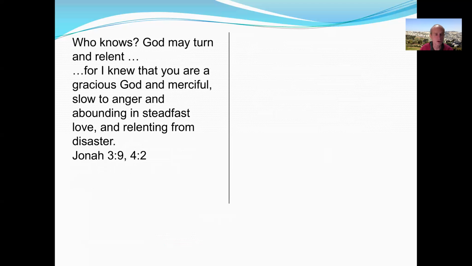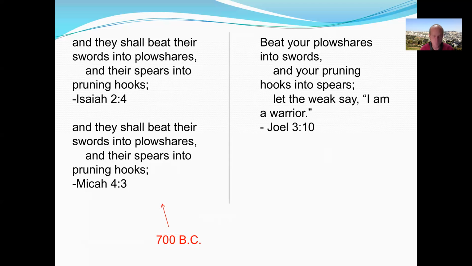And here's one more. In Jonah 3:9, the king of Nineveh says, "Who knows, God may turn and relent." And then a few verses later, Jonah says, "For I knew that you were a gracious God and merciful, slow to anger, and abounding in steadfast love, and relenting from disaster."